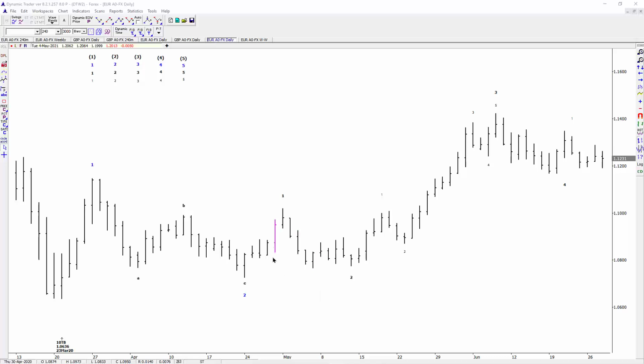So all we do is use the smaller font, and maybe we'll change the color of it, something that's just obvious that it's a breakdown, a subdivision within the larger time frame or the larger degree. So then we have a 1 and then a 2, and then we begin the wave 3 of 3 up. And look at it.